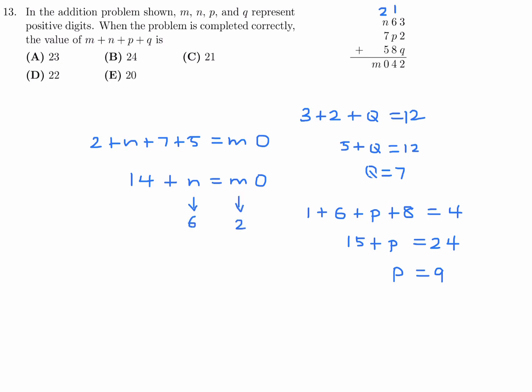It would be 20 is equal to 20. I encourage you to plug all those numbers back in and verify. Then M plus N plus P plus Q would be 2 plus 6 plus 9 plus 7, which is 16 plus 8, which is 24. Number 13, the answer is B.